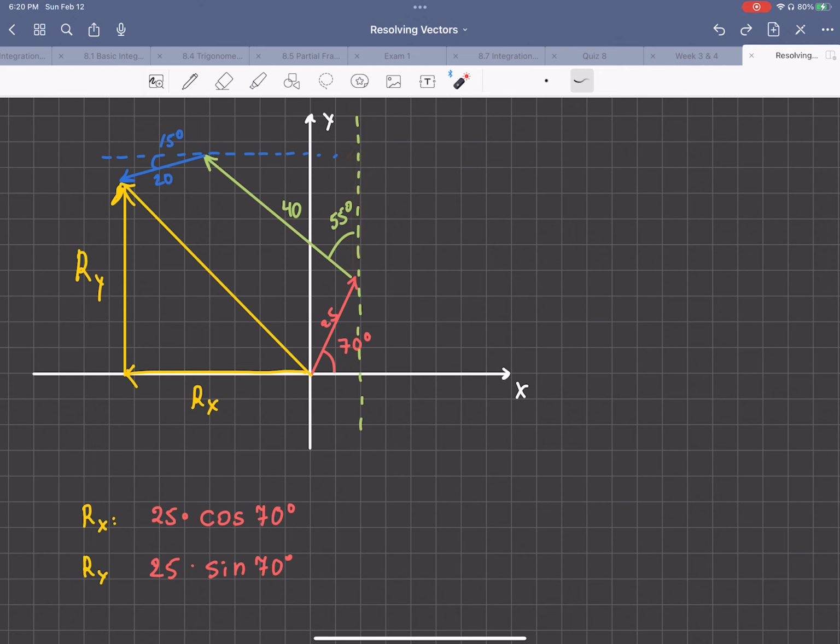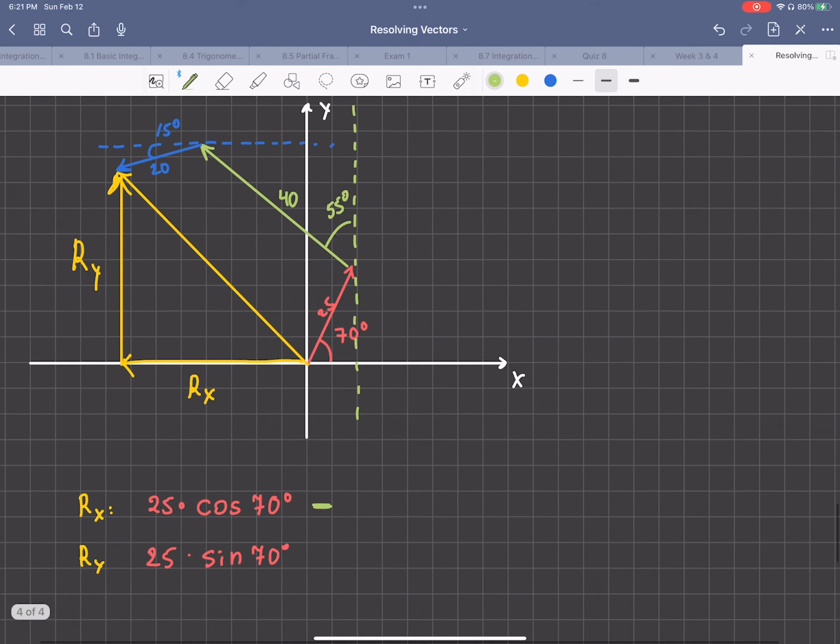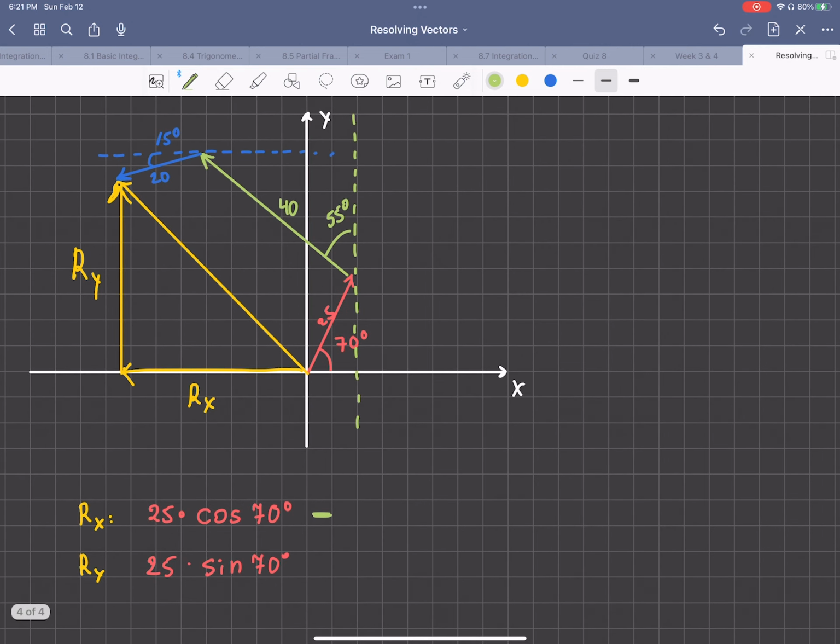This will be positive because in first and second quadrant, y is positive, x is going to be negative in the second quadrant and third quadrant, right? So its x is going to be negative right here, but its y is going to be positive. I'm going to write negative here because I need to keep that in mind.